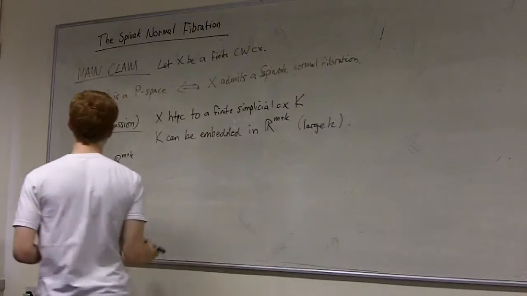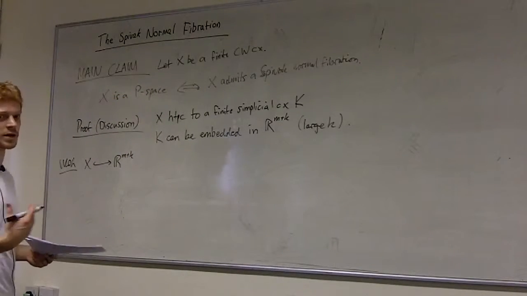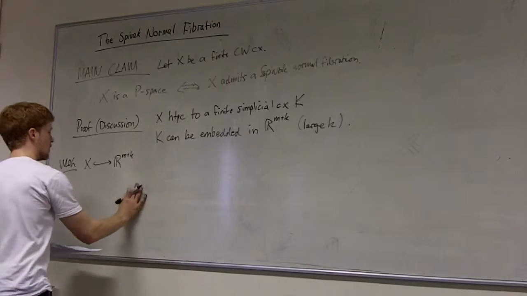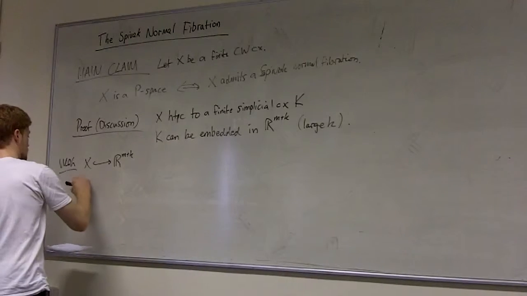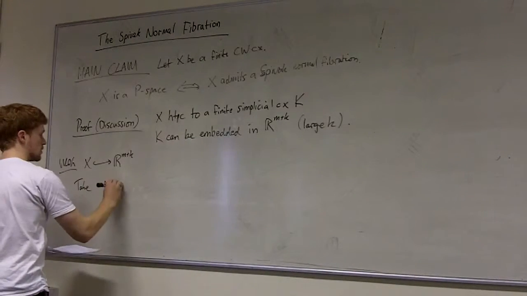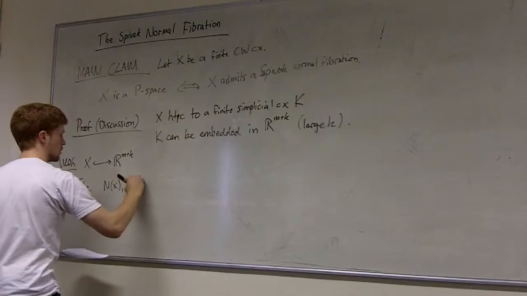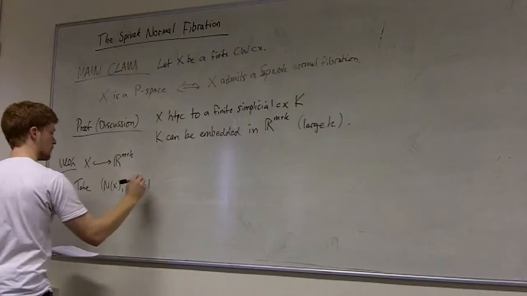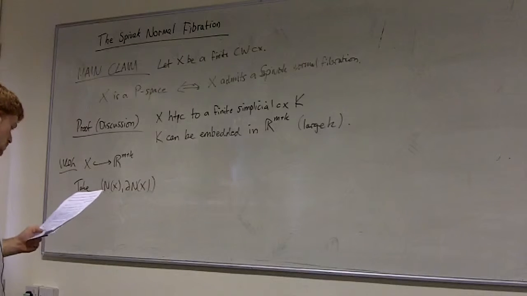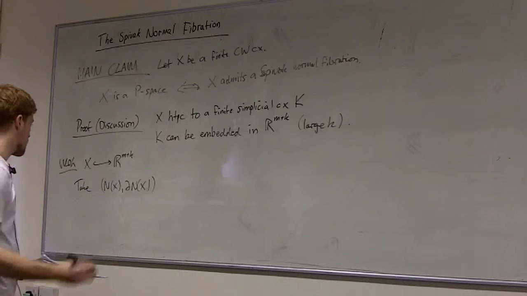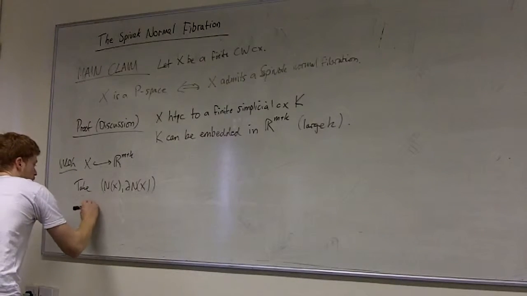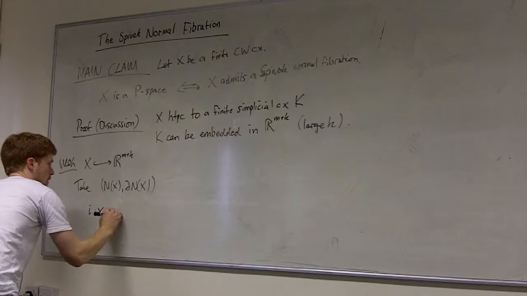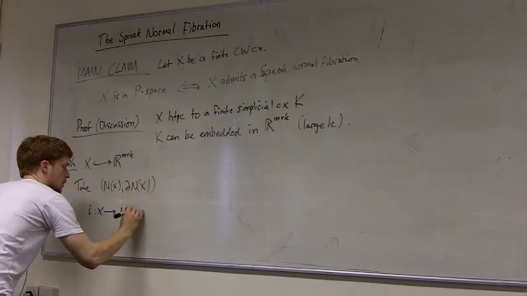Okay, so take a regular neighborhood. This hopefully will seem very familiar now we've done Pontryagin-Thom. So take a regular neighborhood of X with this boundary. I'm going to denote the inclusion of X into the regular neighborhood by i.